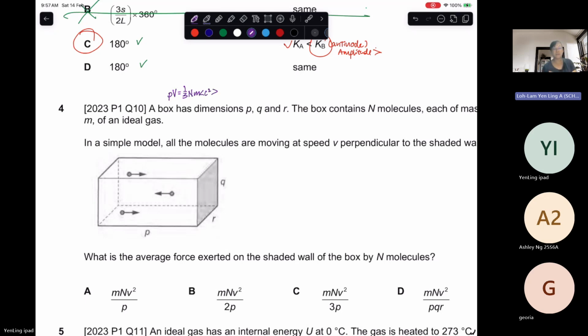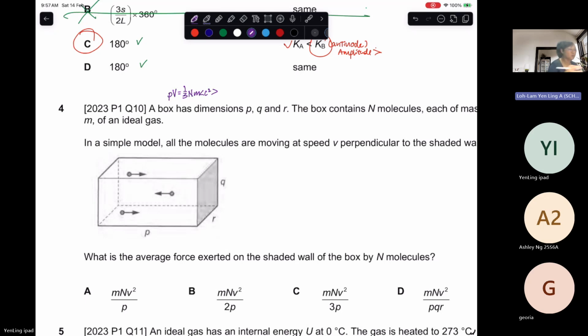Usually nowadays, they don't actually test you and ask you to regurgitate the whole derivation from top to bottom. They will take either components of the derivation, or like in your structured question in your tutorial, there is one where they take out certain components as well. So this is the one that takes out certain components.